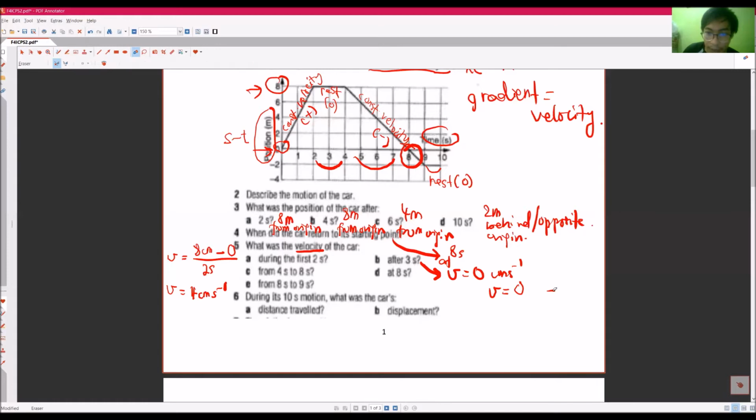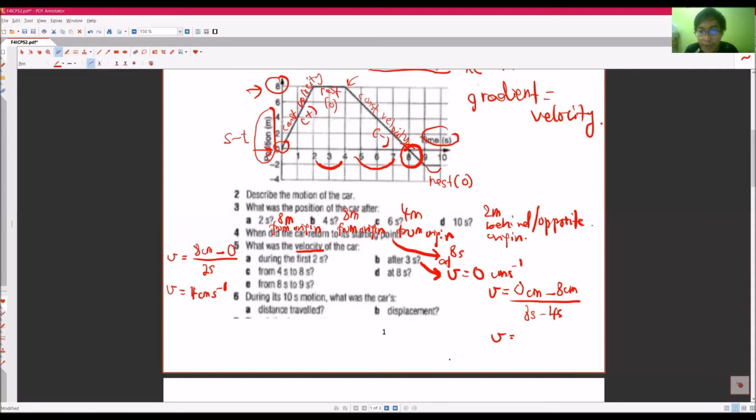Final displacement is 0, and then minus the initial. Initial is 8 cm. And then how long? 8 seconds minus 4 seconds. So we get negative 8 divided by 4.